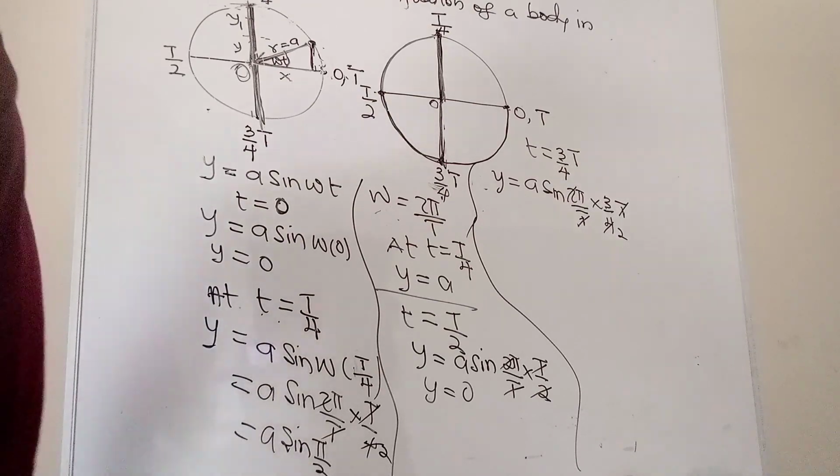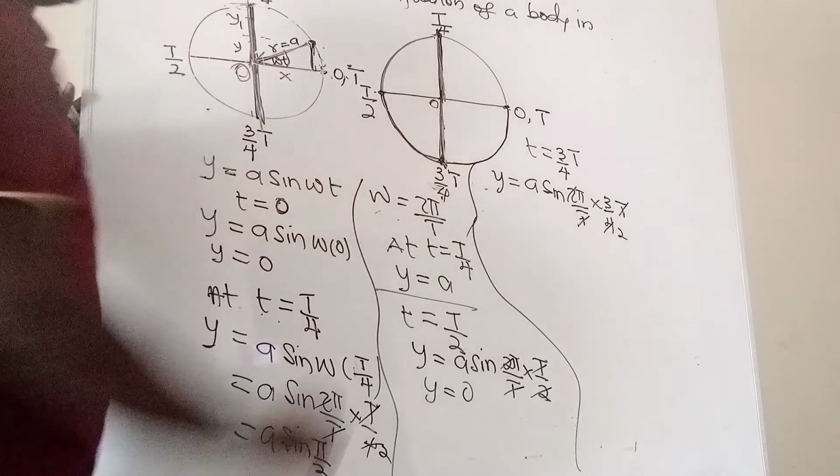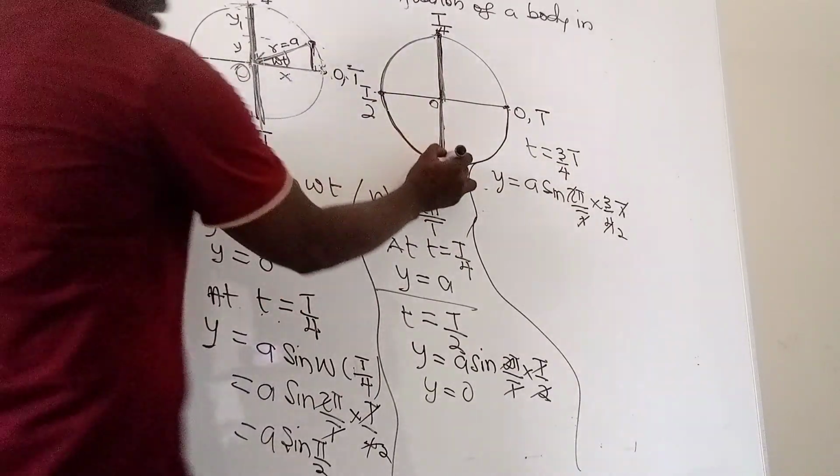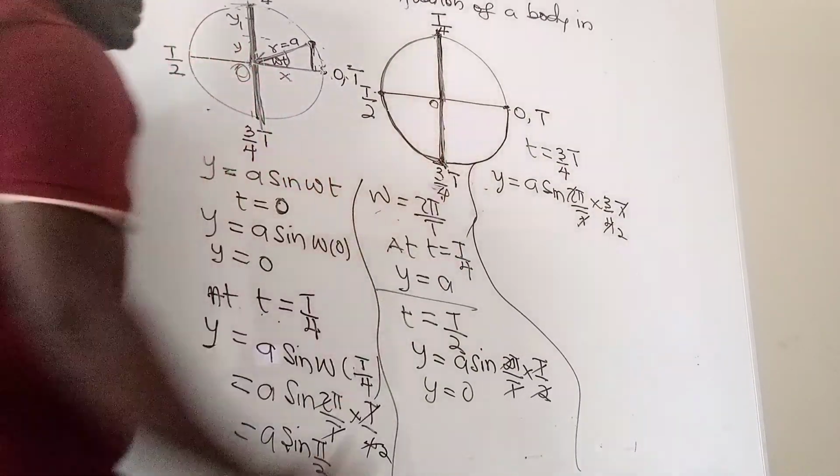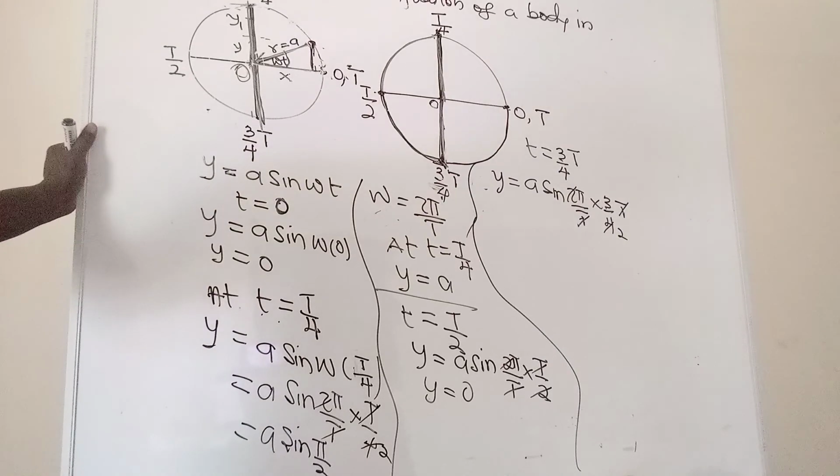Sine 90 is 1. So we have the amplitude as well. So when the particle gets here, the displacement is equal to the maximum displacement, which is the amplitude. The mathematics says it all.